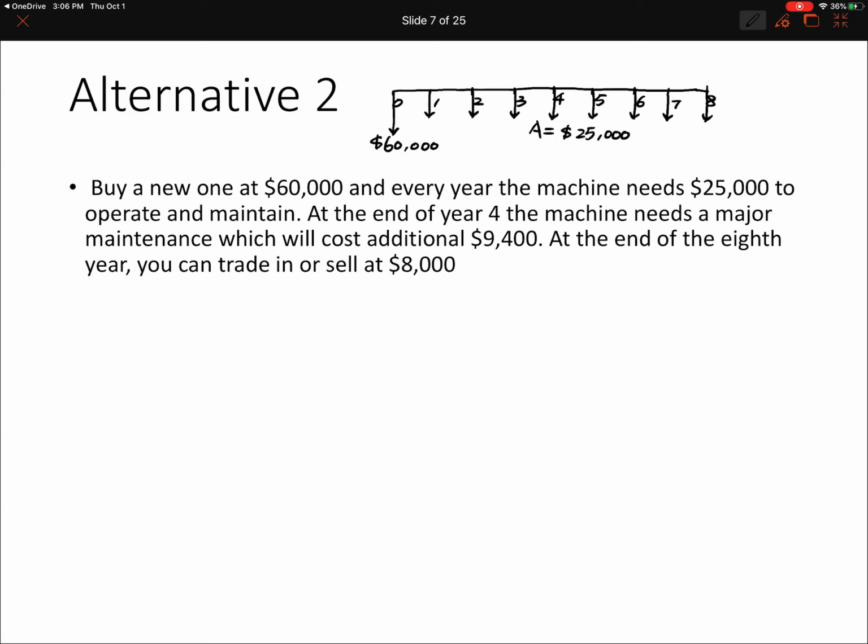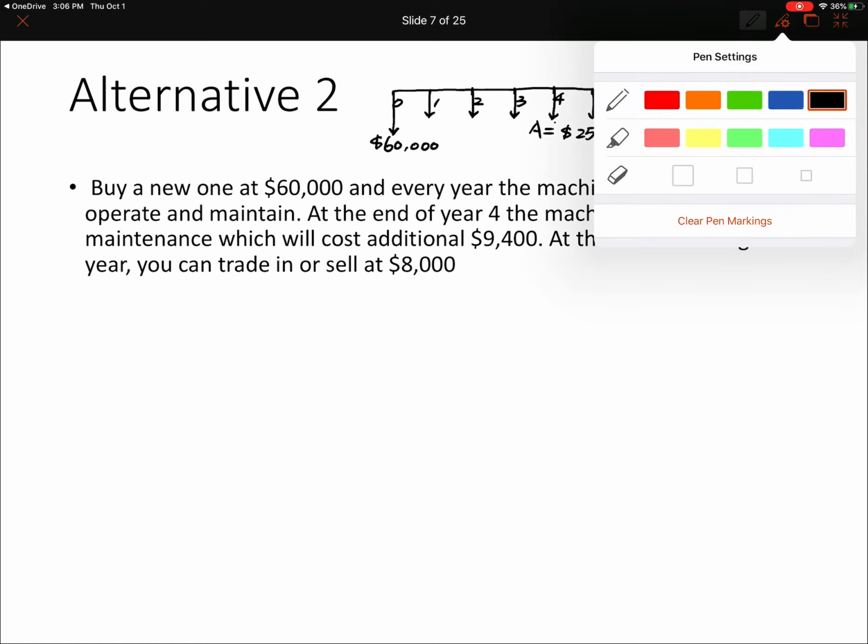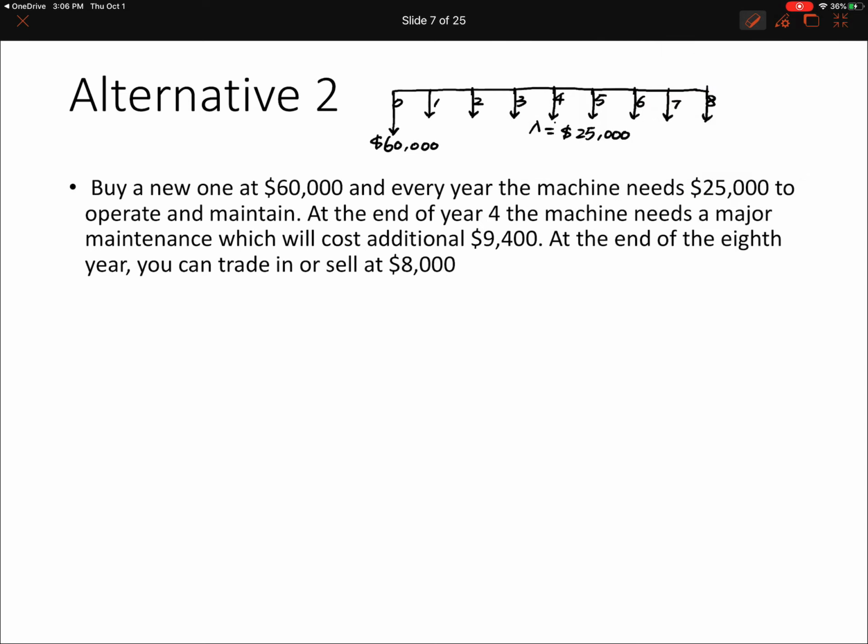And that annuity is 25,000. But at the end of the 4th year, you're going to have a major maintenance at 9,400. So that's something additional to this 25,000. Let me draw it. Okay, let me put the annuity here.